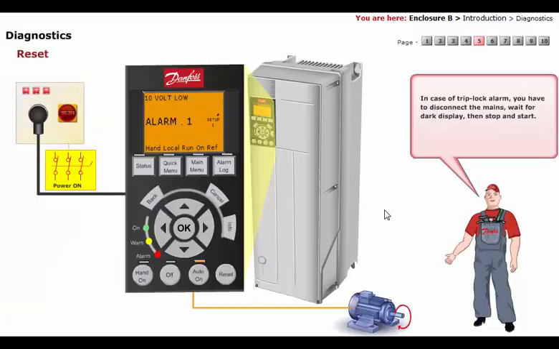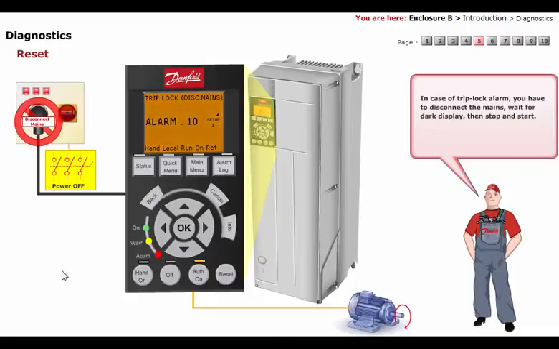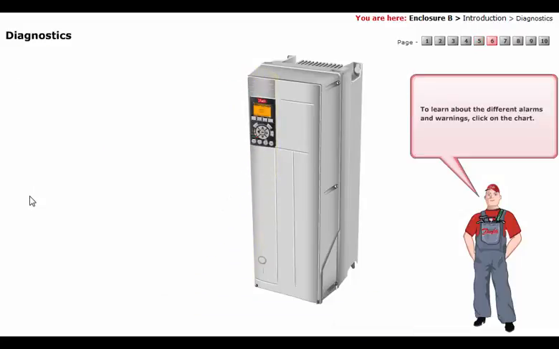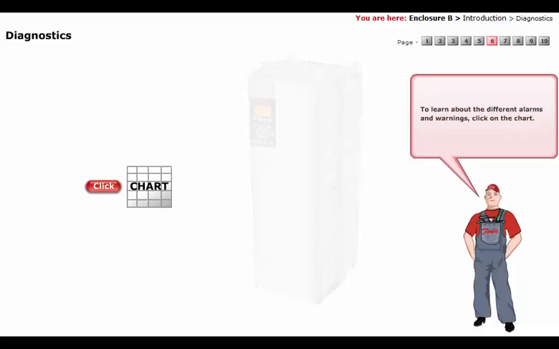In case of trip lock alarm, you have to disconnect the mains, wait for dark display, then stop and start. To learn about the different alarms and warnings, click on the chart.